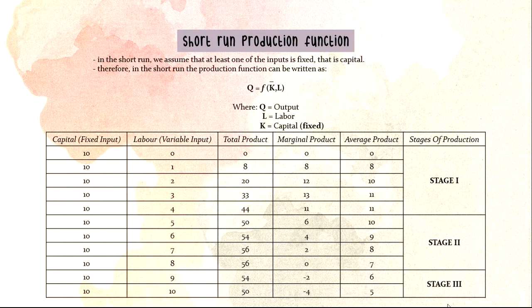So we need to take the maximum total product. As you can see, the maximum total product in the table is 56, and after 56 the marginal product starts to become negative because it declines.